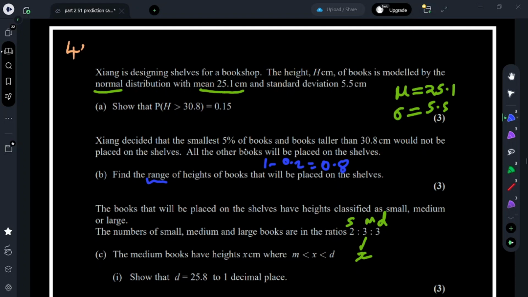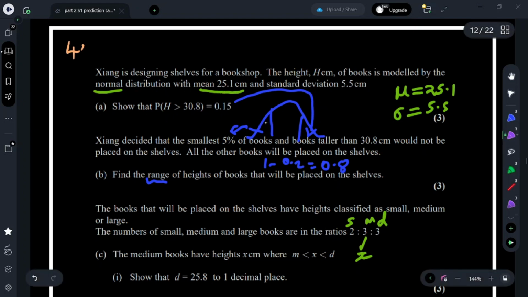If we were to represent this here, we would say that we have the lower 5% and the upper 0.15. So we don't need anything here, and what we need is the green part.